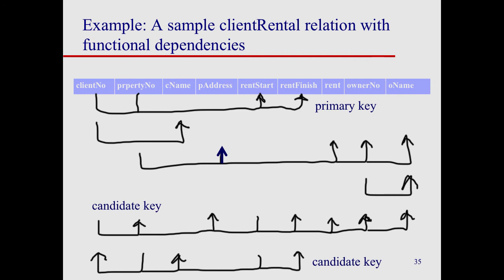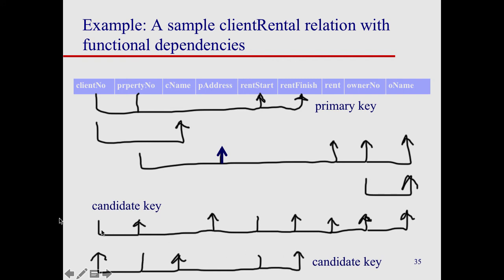And similarly, if we have the property number and the beginning of the lease, we assume only one client is on the lease. Therefore, if we know the property number and the beginning of the lease, we know who the client number is and we know when the lease ends.